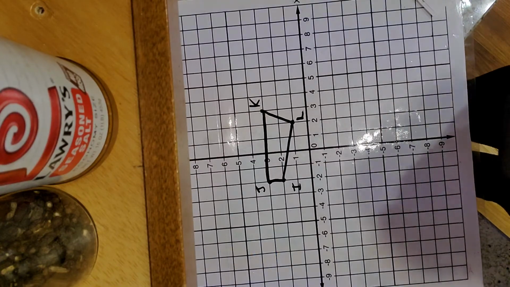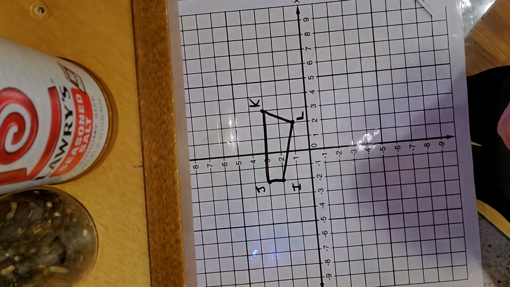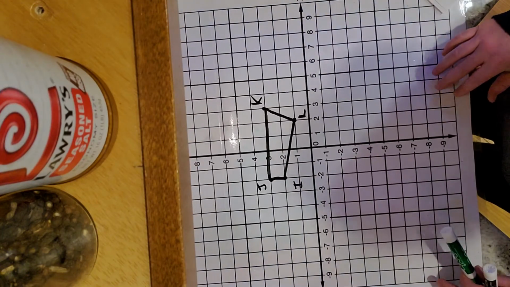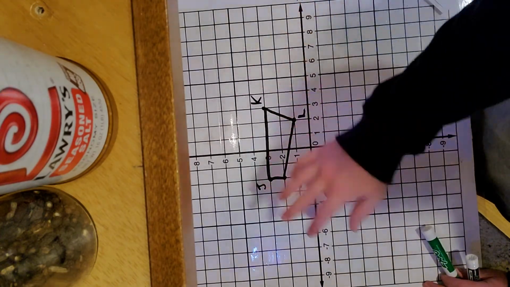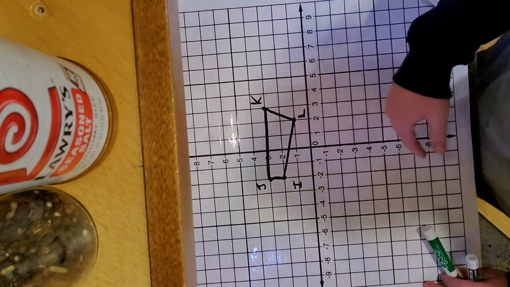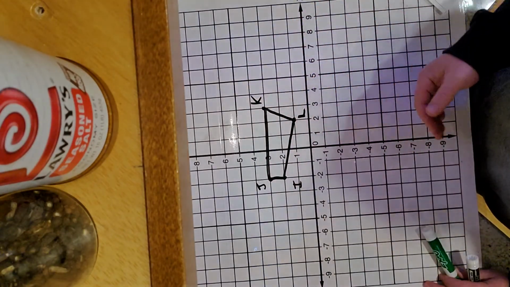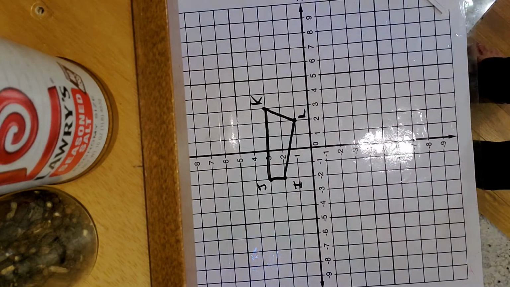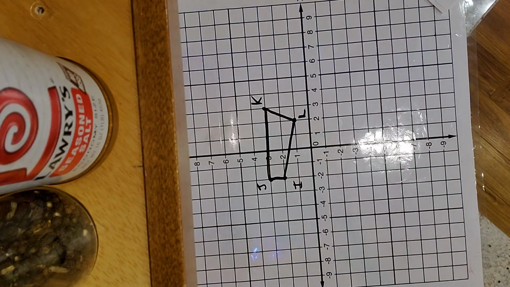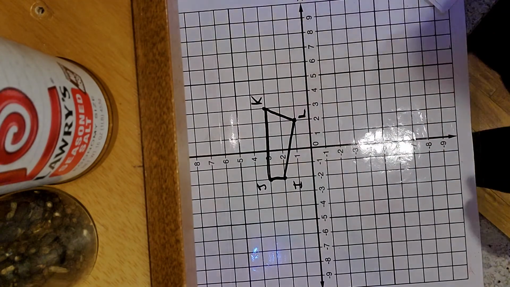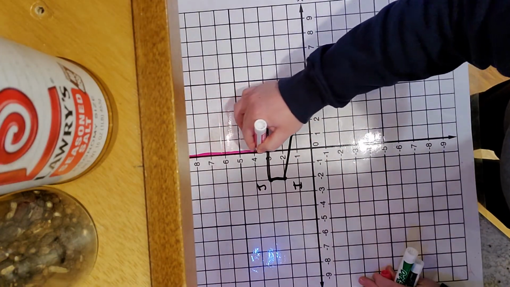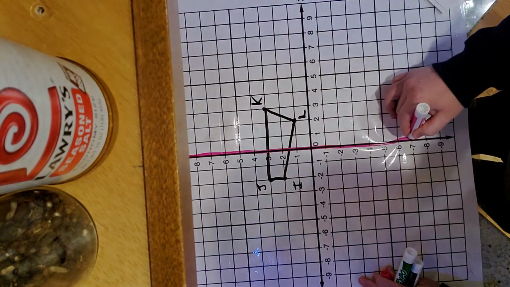Okay, always pay attention to what you're reflecting across. That's one of the most common mistakes on these reflection problems. They might flip side to side when they should have flipped up and down, or vice versa. In this case, if we're reflecting across the x-axis, then that means I'm reflecting across this. That's the x-axis, right?